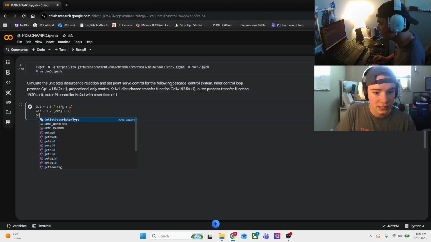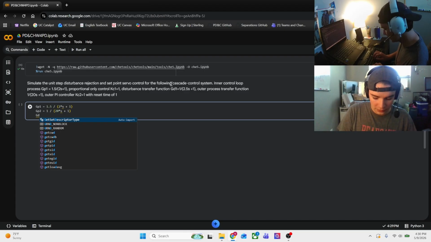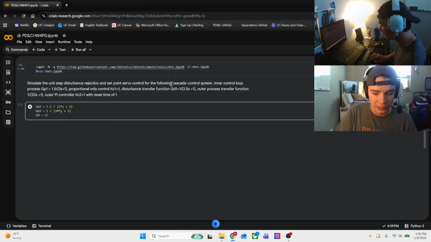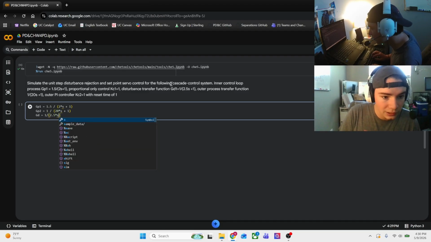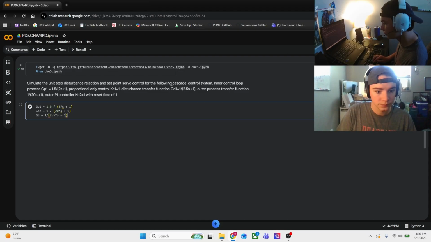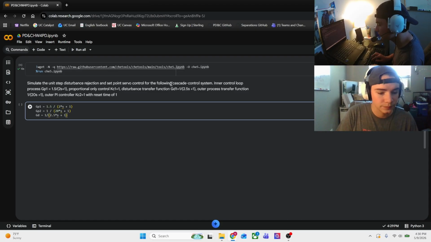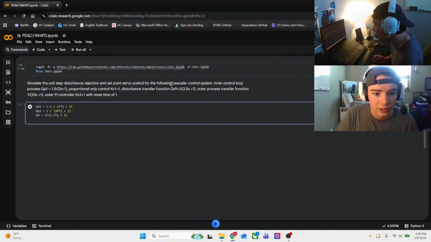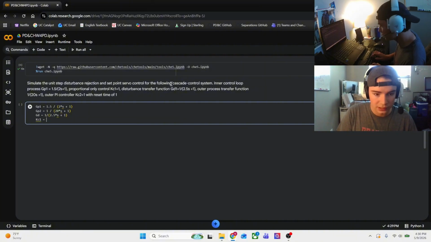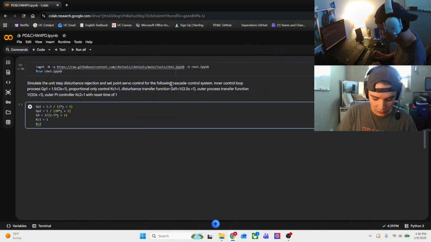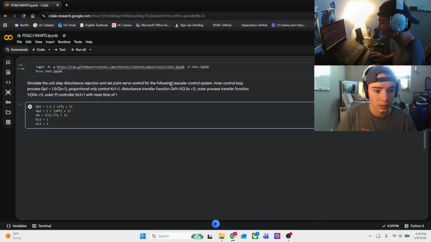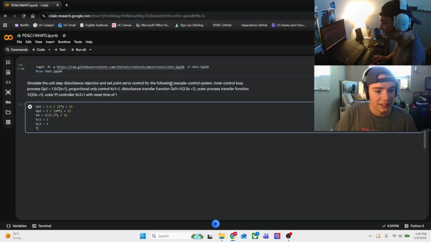Our GD, our disturbance transfer function, is going to equal 1 divided by 2.5 times S plus 1. Fantastic. And then we know that our KC1 is going to equal 1. Our KC2 is going to equal also 1. And then our tau I, that is our reset time, is going to equal 1.